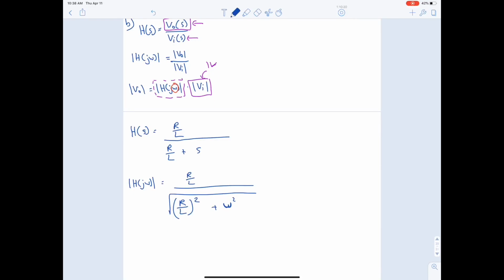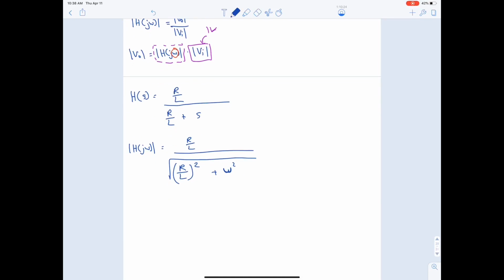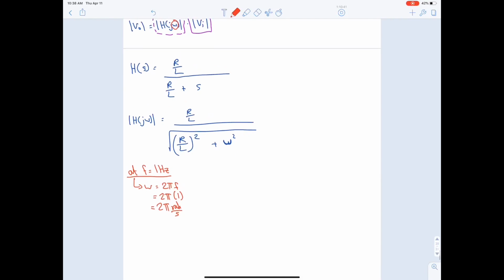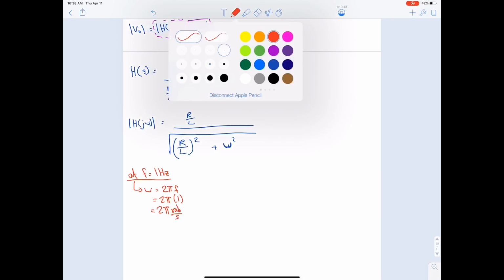Okay, so now we need to find the output for 3 different frequencies. The first frequency is at f equal to 1 hertz. Now if f is 1 hertz, then omega is 2 pi multiplied by 1, which is 2 pi rad per second. Okay, let's find the magnitude first.